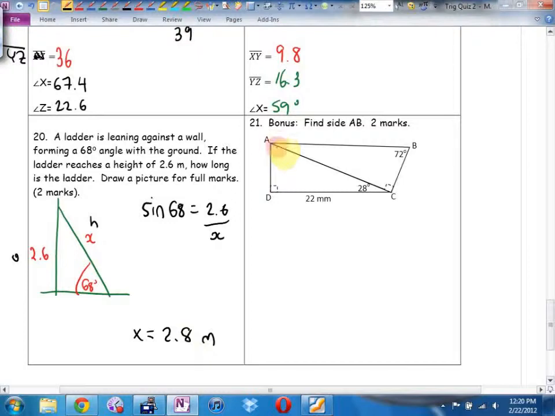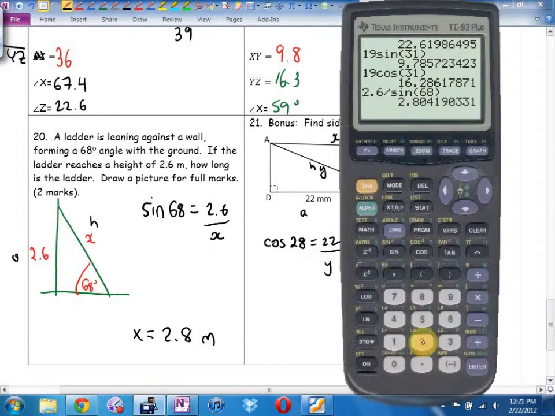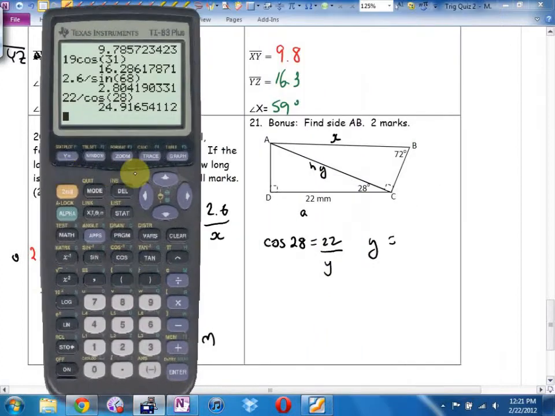Let's see. Bonus is find side AB. That's x. I think first I need to find this. So I'm going to go adjacent, hypotenuse. Cosine of 28 equals 22 over y. Y ends up being 22 divided by cosine of 28. 24.9.